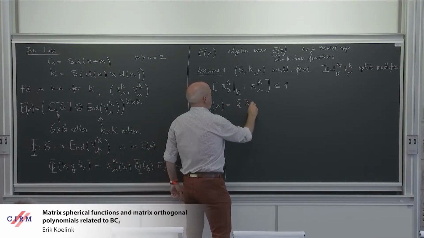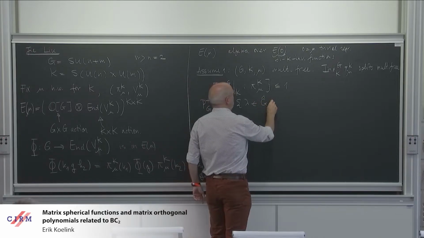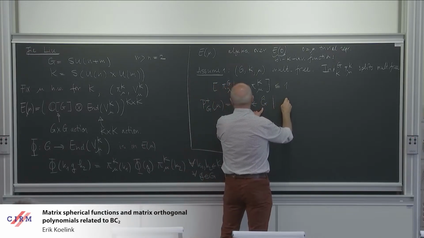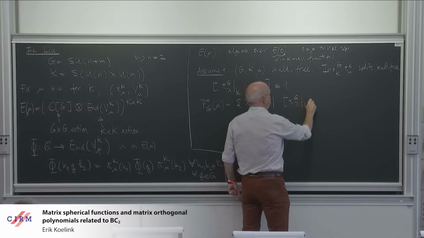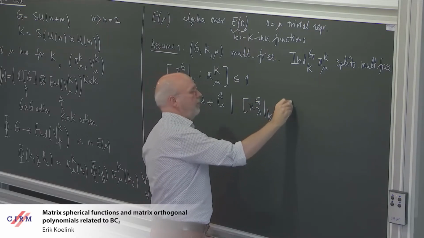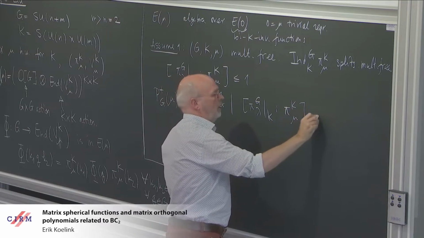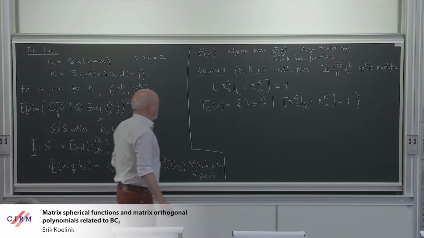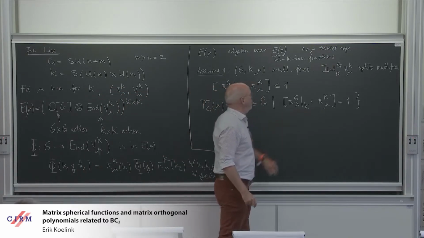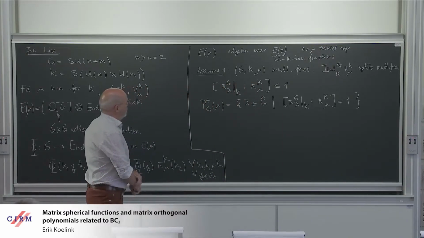So these are the lambda in G hat, highest weights of G, such that this multiplicity is actually 1. Right, so these are the lambdas that, upon restriction to K, do contain this irreducible representation.